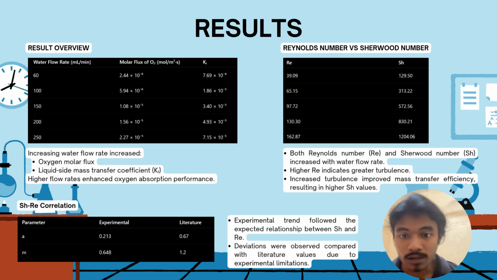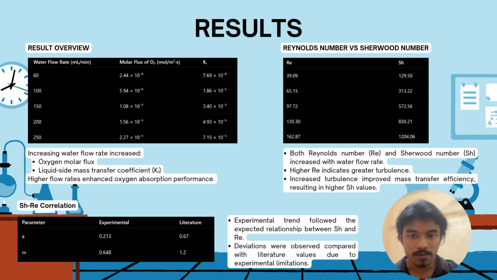Okay, so let's look at the result overview table on the left. As the water flow rate increased from 60 to 250 ml per minute, the molar flux of the oxygen increased from 2.44 times 10 to the power negative 6 to 2.27 times 10 to the power negative 5 mole per meter squared per second.